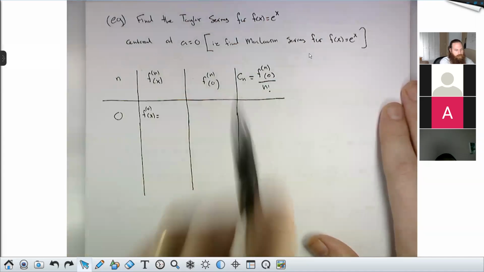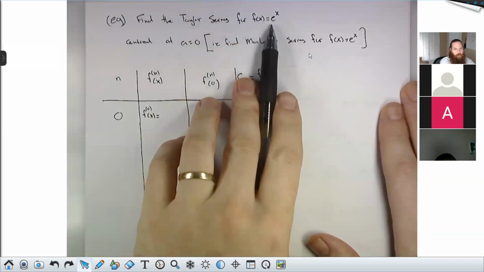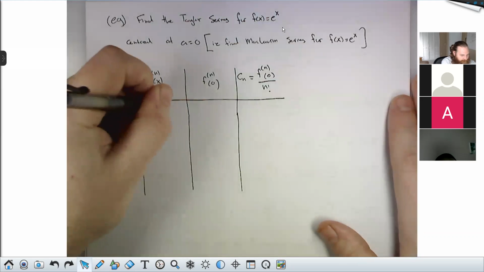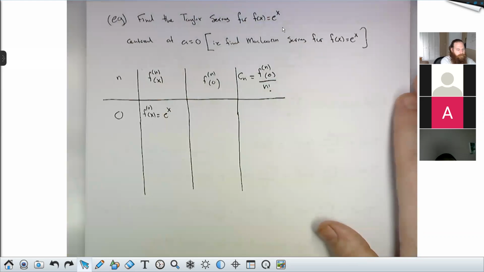If you differentiate e to the x 0 times, what do you get? Don't think too hard. But also, please don't leave me stranded here. If I take this function and I differentiate it 0 times, yeah, I get e to the x. Good. All right.